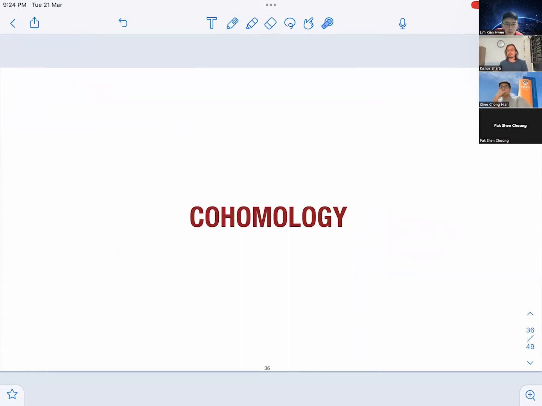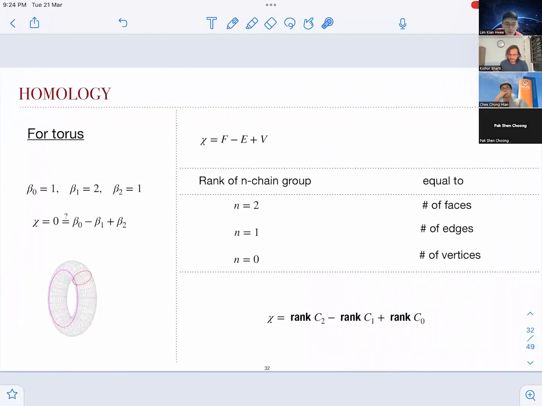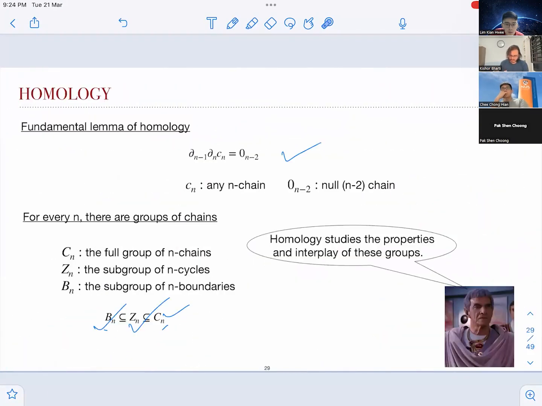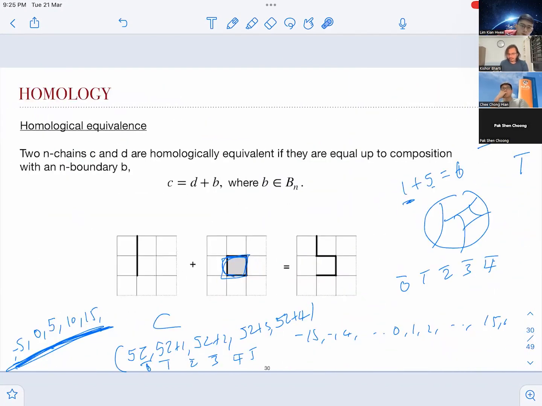Finally, we try to cover cohomology. So you see that we are interested in three objects here: the full group of n chains, the subgroup of n cycles, and the subgroup of n boundaries. And boundaries are what are used to define the equivalence class.